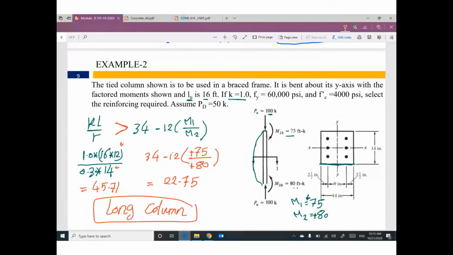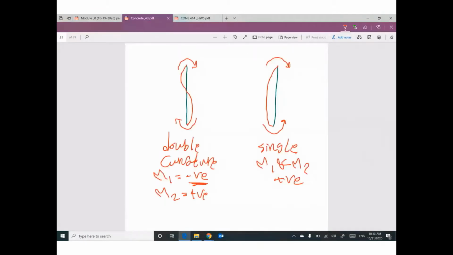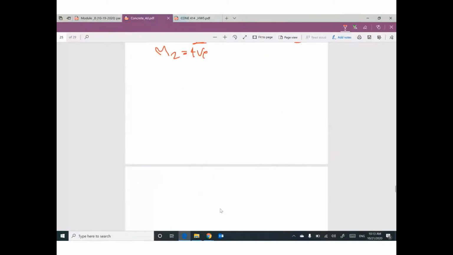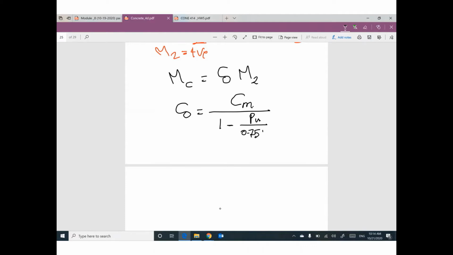Okay. Next step, we need to figure out delta, I'm sorry, MC equal delta times M2. Delta equal CM over 1 minus P ultimate divided by 0.75 P critical.